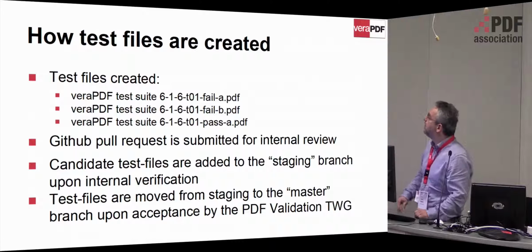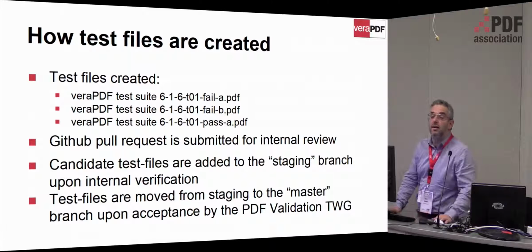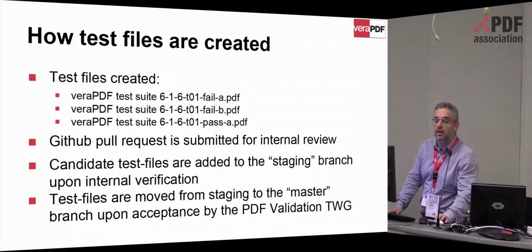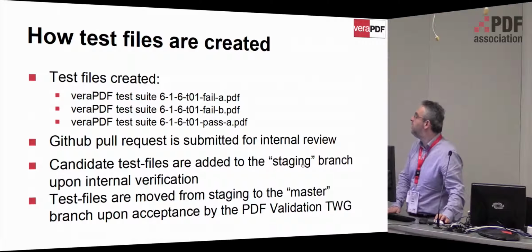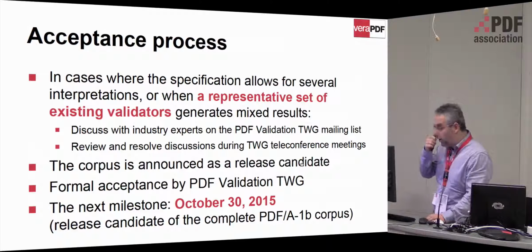I'll give the URLs later on at the end of the presentation. And then if there is ambiguity in the interpretation of these test files, this triggers the discussion in the PDF validation technical work group. So this is how it works.